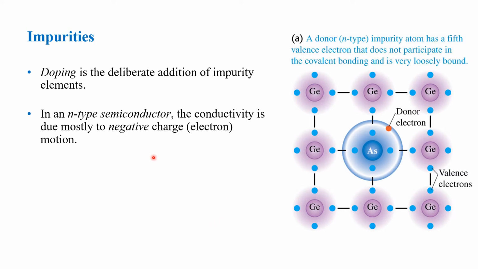And in an N-type semiconductor, which is a negative type semiconductor, the conductivity is due mostly to negative charge or electron in motion. For example, you have here your germanium, which has four valence electrons, and you can make this one an n-type material by getting one of these germanium atoms and replacing it with arsenic, which has five valence electrons.